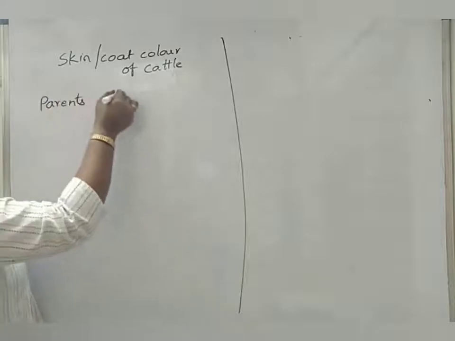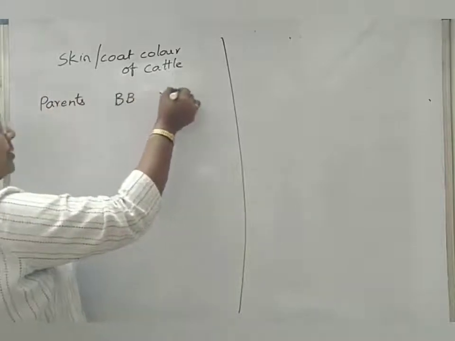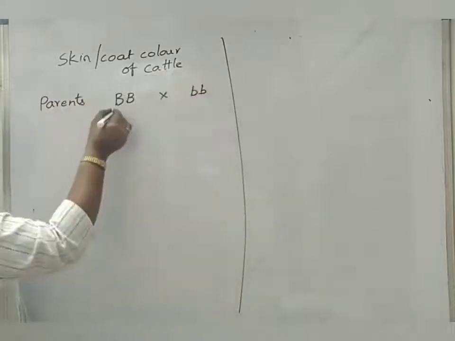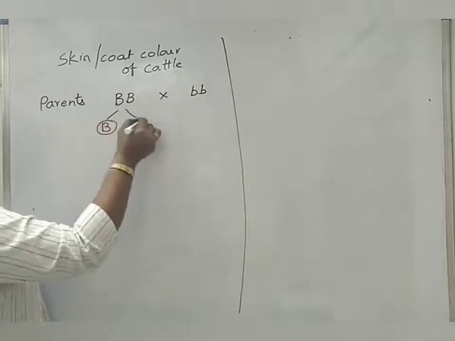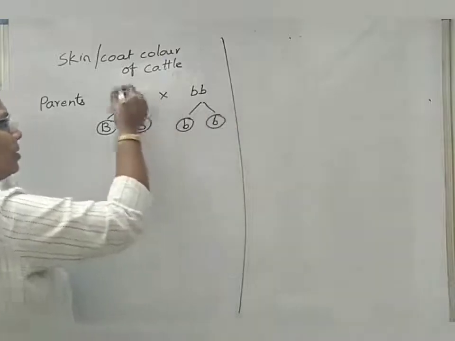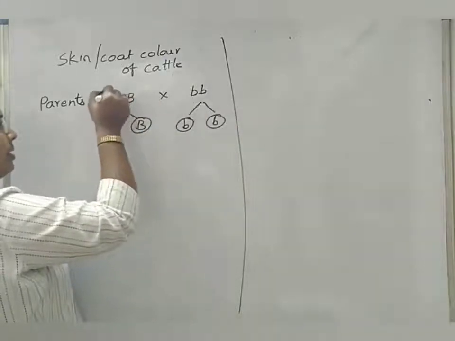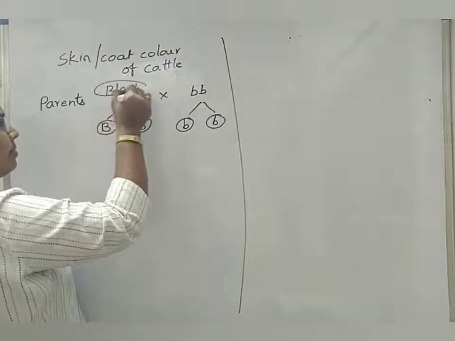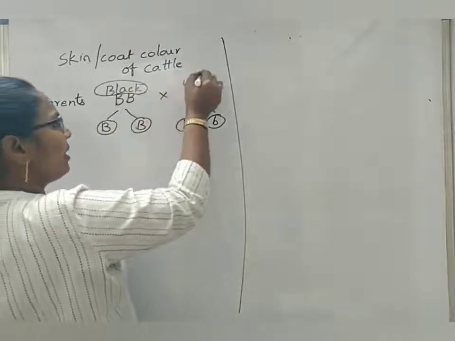Parents with allele forms or genotypes like this. The gametes obtained are like this. So this is showing the phenotypic black color. This is showing the phenotype white color.